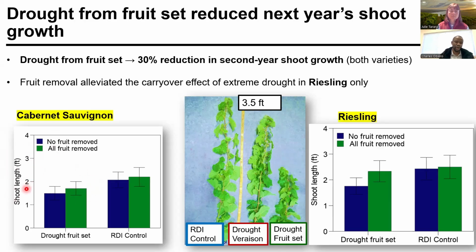Shoot length is on the y-axis and the different drought treatments are on the x-axis. Like I mentioned before, if our error bars are overlapping, then they are not significantly different. In the Riesling, it is the same, but where we had removed the fruit and had drought from fruit set, they performed the same as the industry standard.